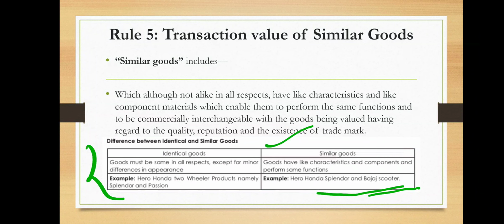That is what we call similar goods. So you can see the difference between identical goods and similar goods. And the next rule, that is the method, we can call the determination of value.